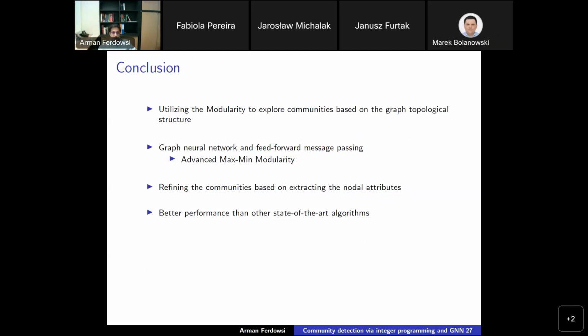So, all right, to conclude, I built a community discovery method on the basis of the mathematical programming formulation and the graph neural network feed-forward message passing manner. I managed to propose a systematic way to generate an accurate relation matrix for the maximum modularity problem, centered on an efficient node embedding technique, which enabled us to model the standard integer model for the modularity maximization problem.